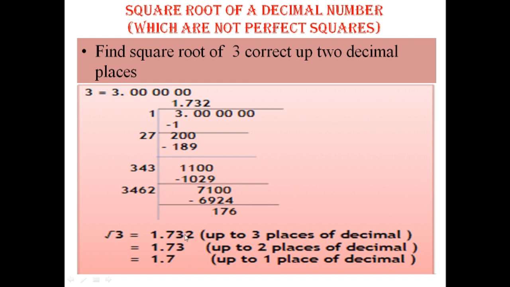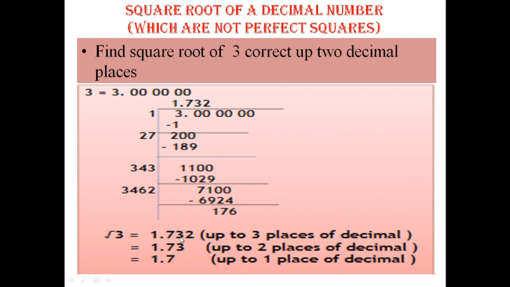Here see this number 2. If this number is less than 5, then it will not affect the previous number. We can write it as 1.73. But remember, if this number is greater than 5, then you will add 1 to the previous number.